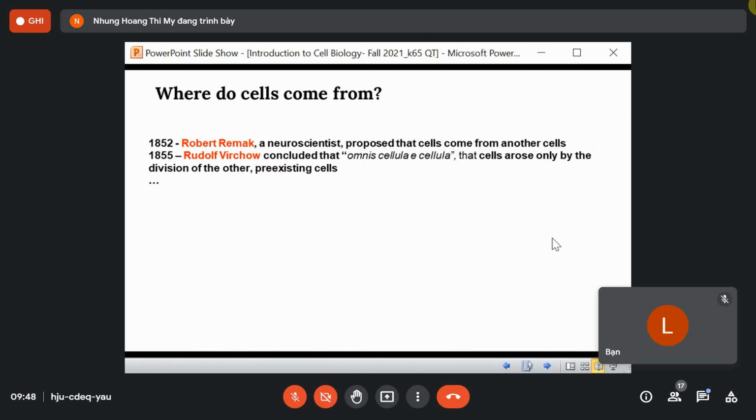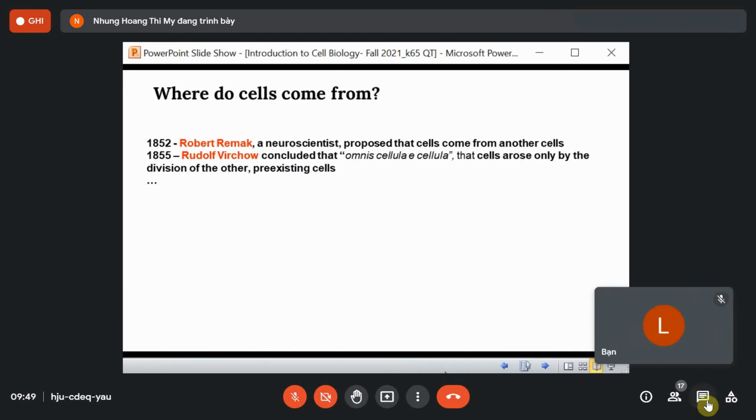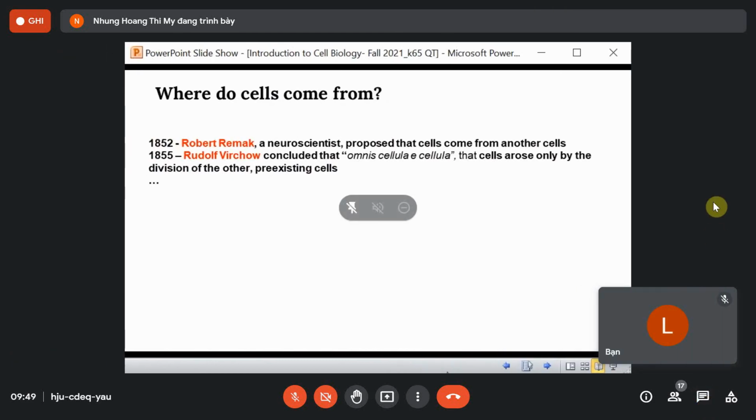Now in our real life, where do cells come from? We will not say something about the Big Bang explosion and the first RNA molecule being made, and then the membrane surrounding, and then the first cell appearing. No, we will not talk about that. We are not talking about the appearance of the first cell on earth, but we ask about it regularly.